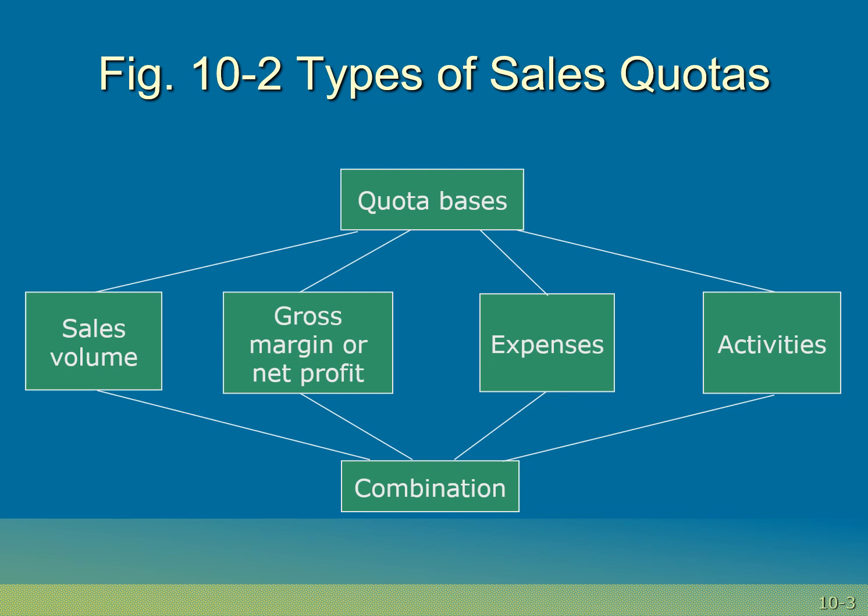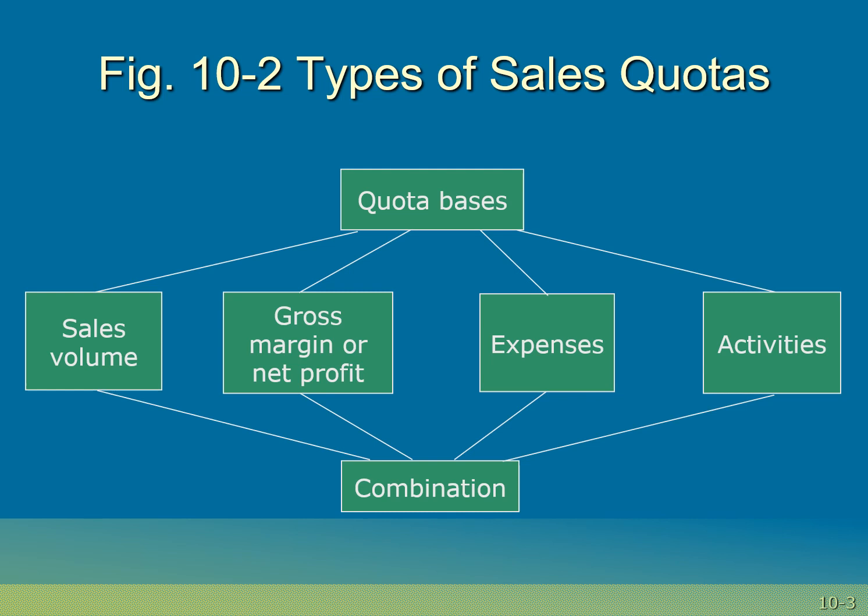The sales volume could be in dollars, $100,000 or $500,000, or in units of the product sold. For this salesperson, for this region, for this month, you say your quota is $200,000. That's a sales volume quota.